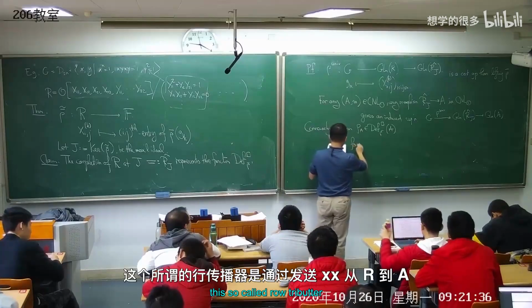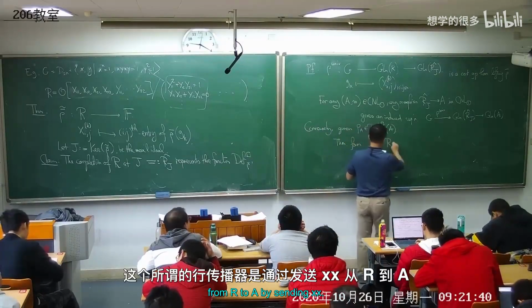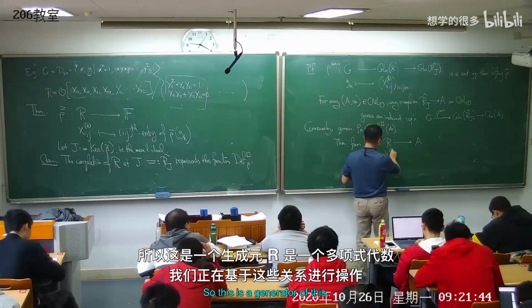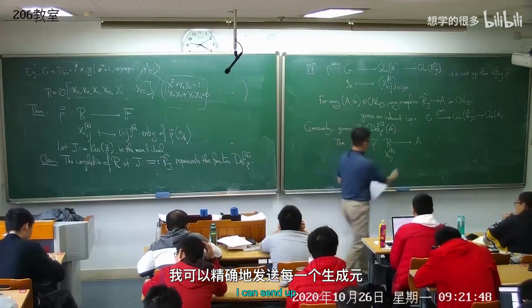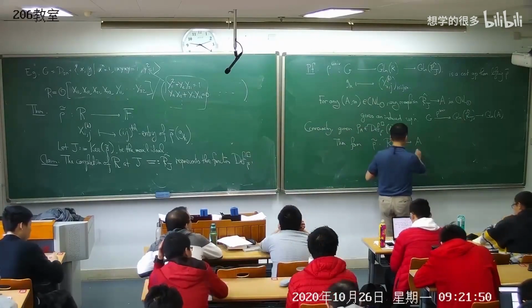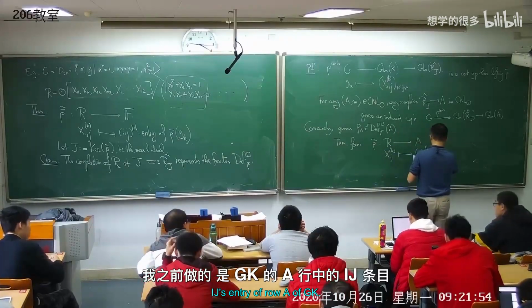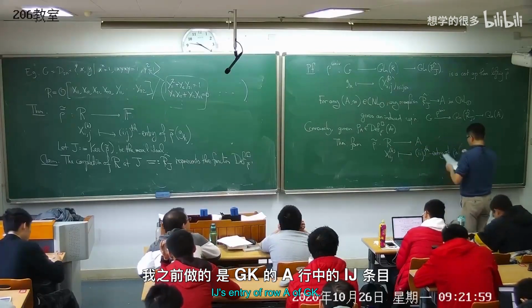I can form a so-called rho tilde from R to A by sending X_ij. So this is the generator of this R, which is a polynomial algebra quotient by some relations. I can send each of the generators to precisely what I did before, the ij entry of rho A of G_K.